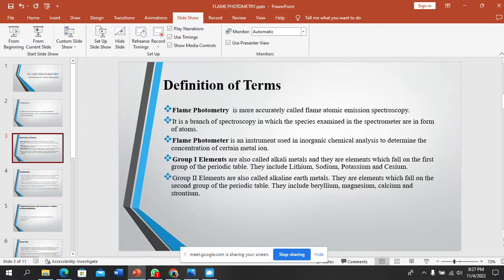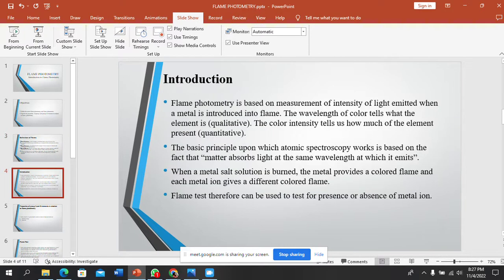So we have group 1 and group 2 elements, and we know that majorly group 1 and group 2 elements are analyzed by a flame photometer. So it is easy for you to identify the amount and the presence of a group 1 or group 2 element present in a sample if you use a flame photometer.